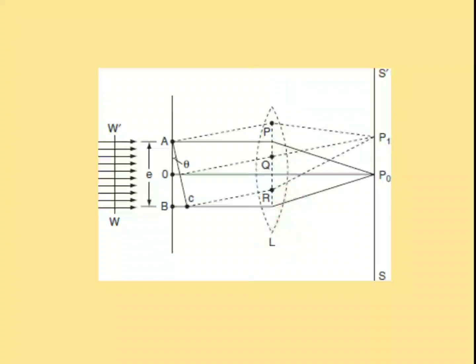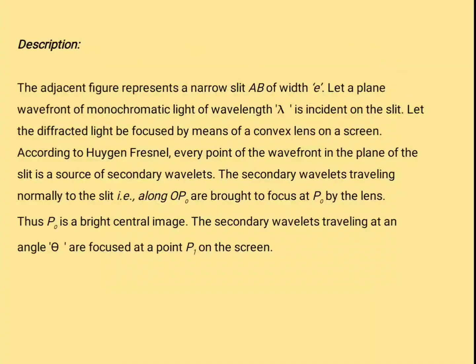Now what is the experimental arrangement? The width of slit AB is e. A plane wavefront W dash of monochromatic light of wavelength lambda is incident on the slit AB, and every point on the wavefront of the slit will act as a source of secondary wavelets.